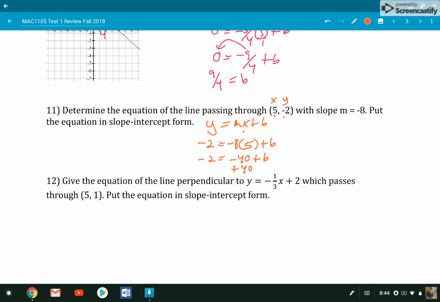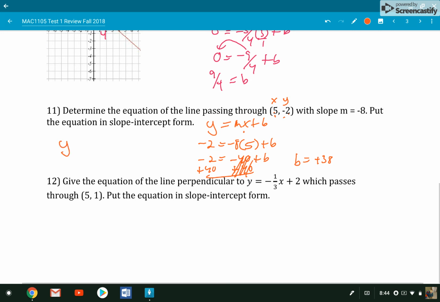I can add 40 to both sides. These eliminate, and so I've got -2 plus 40. That tells me b is a positive 38. So I've got y equals -8x plus 38 as my linear equation.